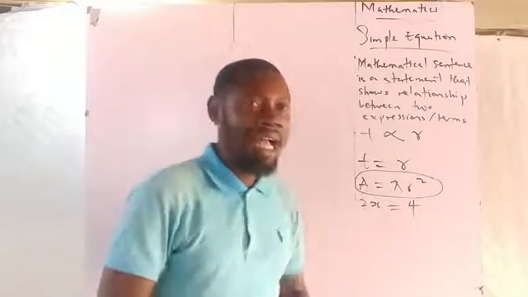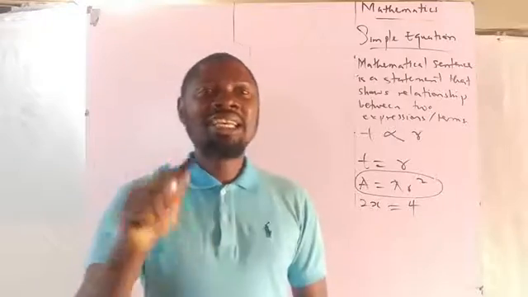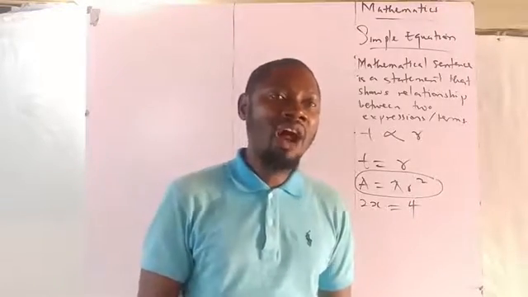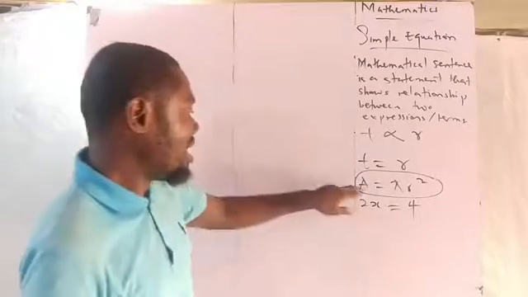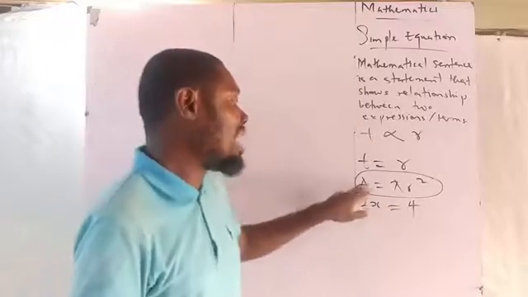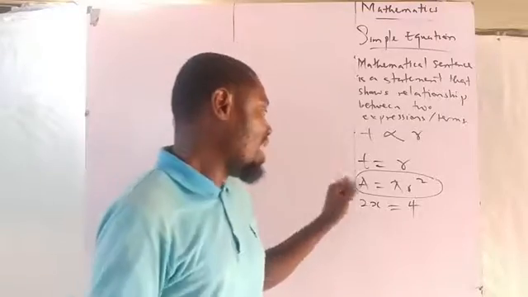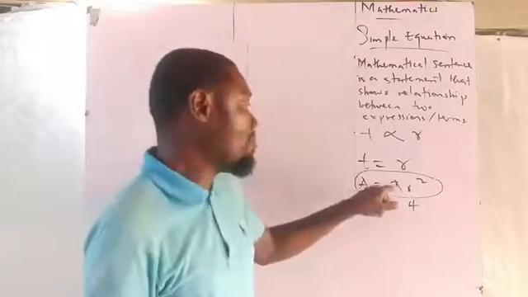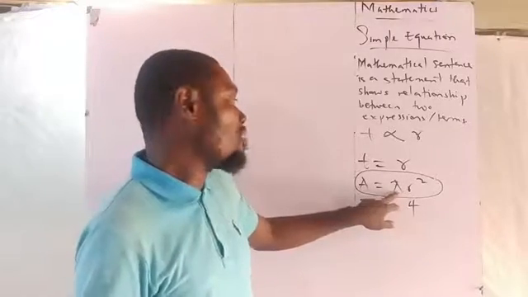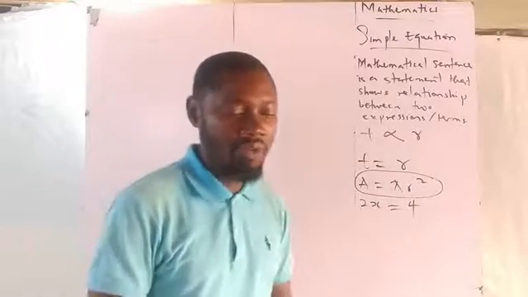This formula is used all over the world. If you're asked to state the area of a circle, it's simply pi R squared, where pi is 3.14 and R is the radius of the circle.